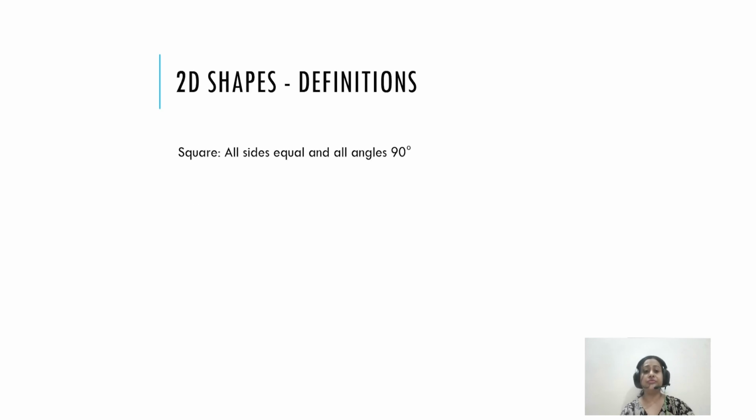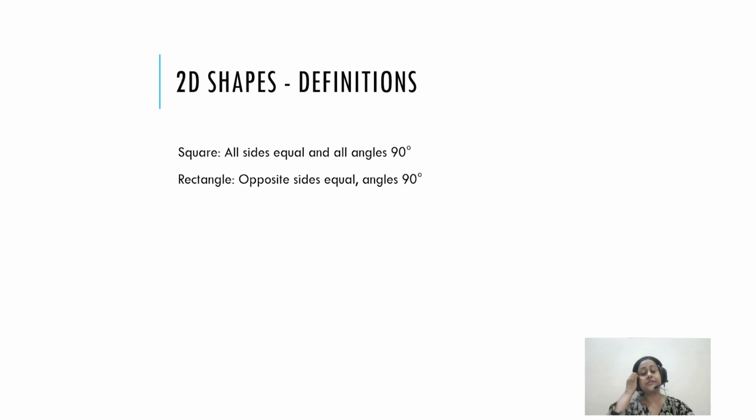Coming to two dimensional shapes, there are different shapes. Like a square, where all sides are equal and all four angles are right angles.